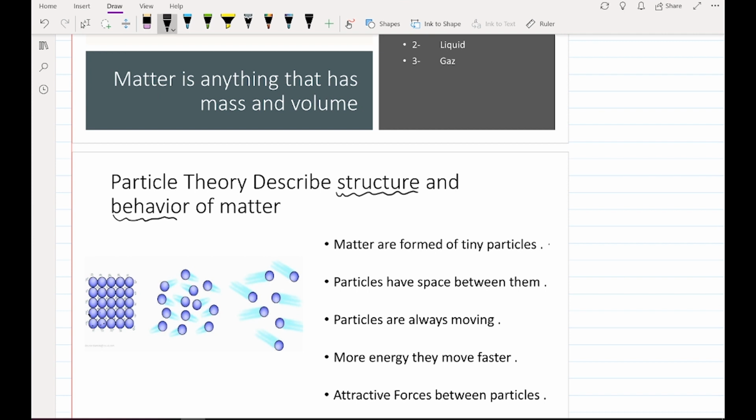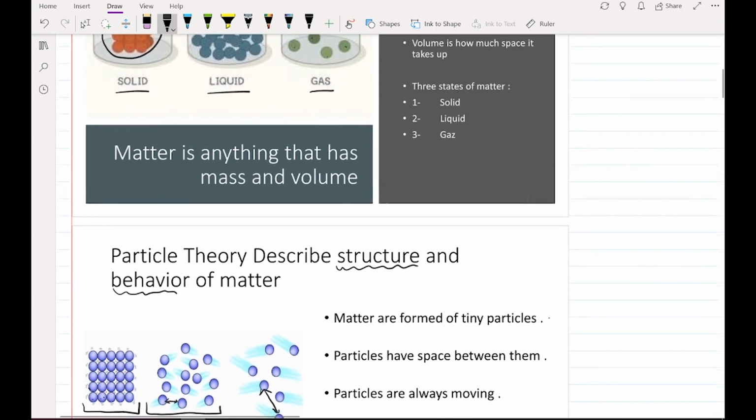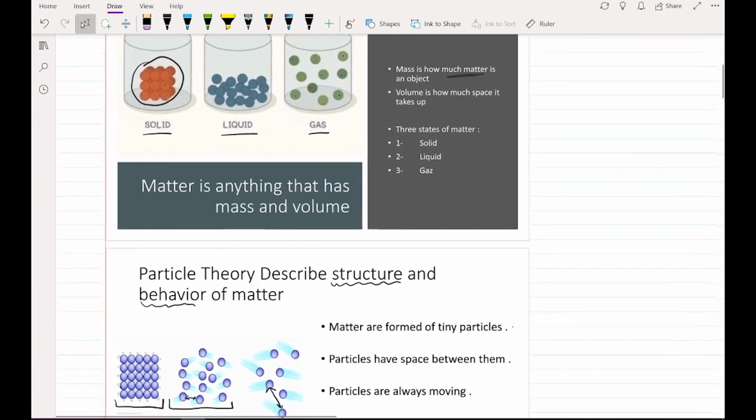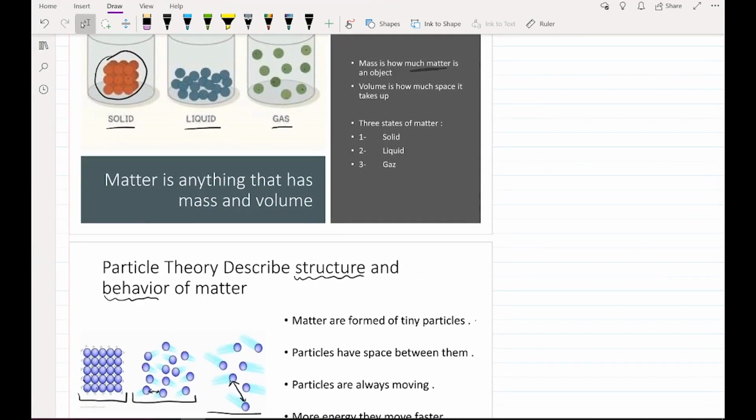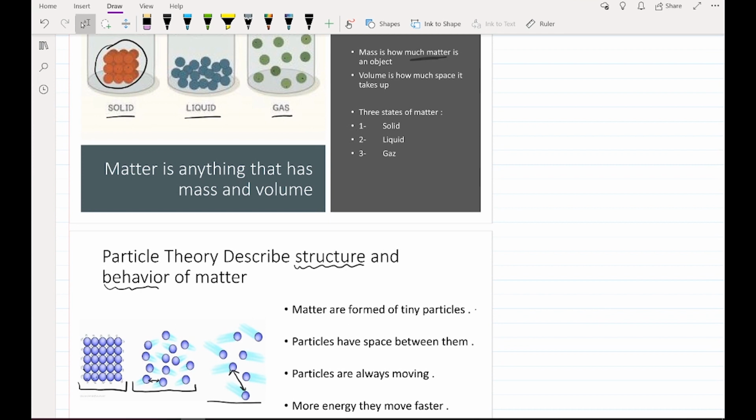There is a space between each type of particle, as we can see in this figure. In the first picture, particles are very close to each other, while in the second figure particles are a bit farther apart. In the last figure, particles are very far from each other. If we compare between the figures, we can conclude that the first figure is solid matter, while the second figure is liquid.